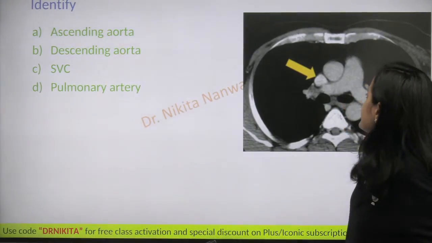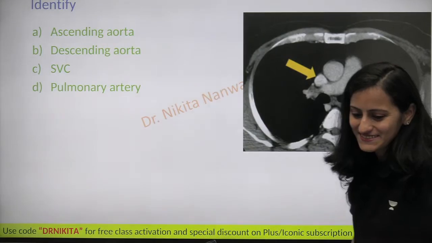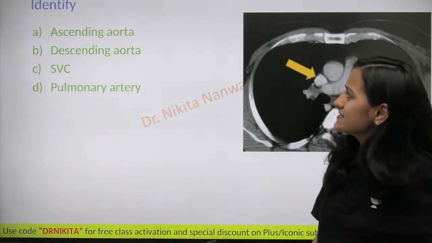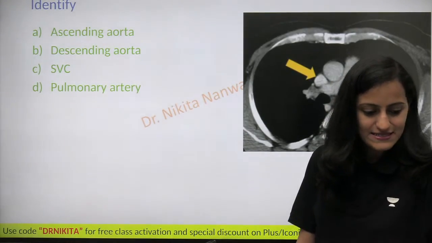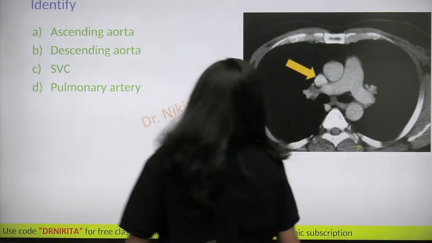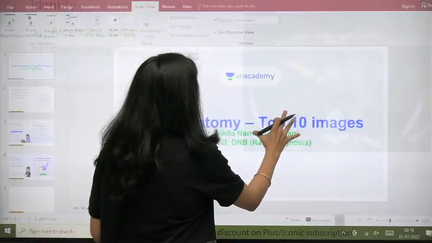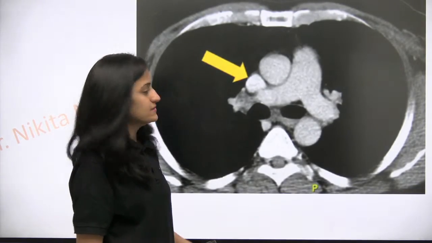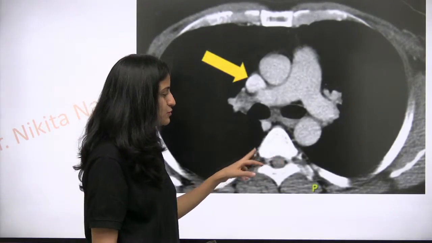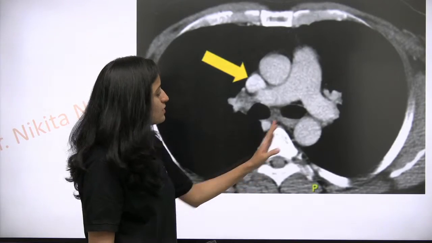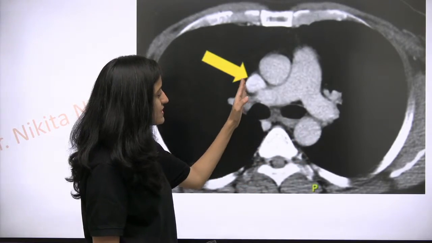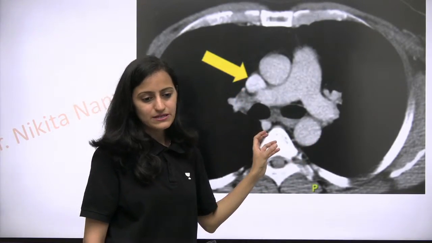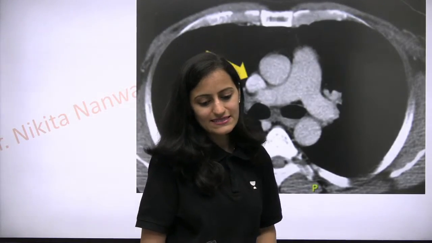Okay, I see some confusion here. Some students are saying it is the SVC, some are saying it is the ascending aorta. Now again, is it a CT scan or an MRI? See here, this is a CT because the vertebra, the bone, is white. In the contrast enhanced CT, you can see the vessel is white.